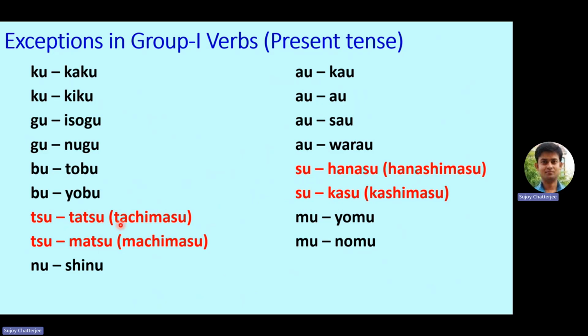Since the sound is chi, ta chi tsu te to, you already know that. So it's not ta ti tsu te to, it's ta chi. That's why it is tachimasu. And same goes with matsu, which becomes machimasu and not matsimasu.